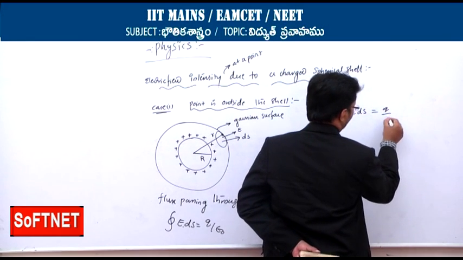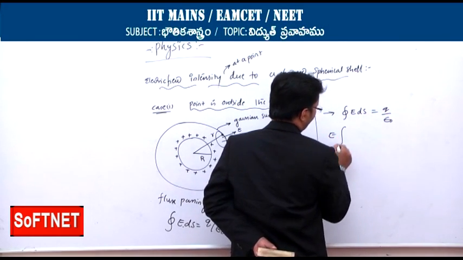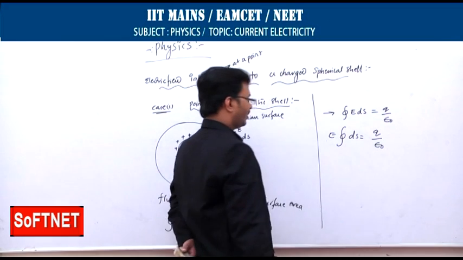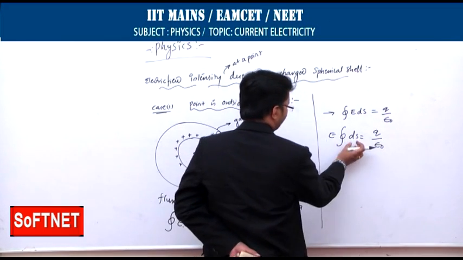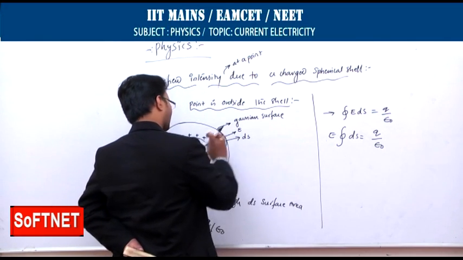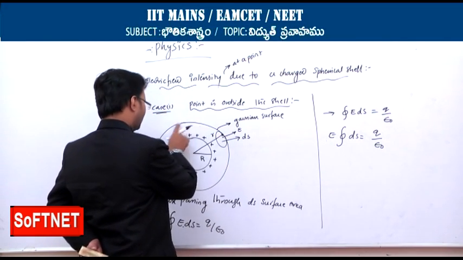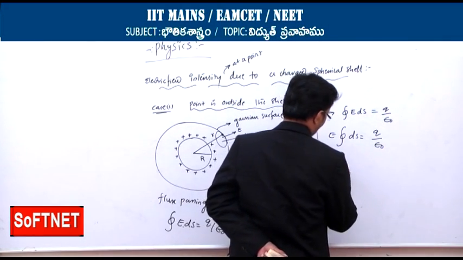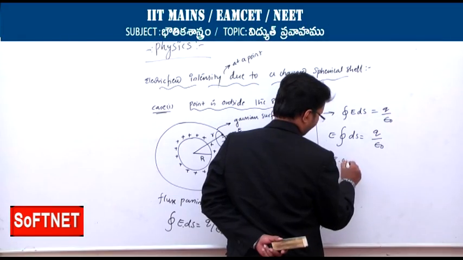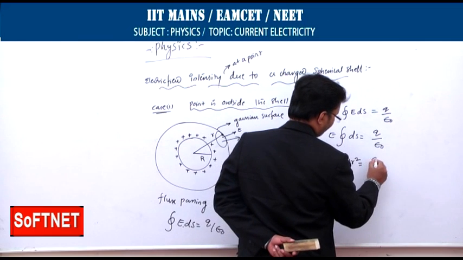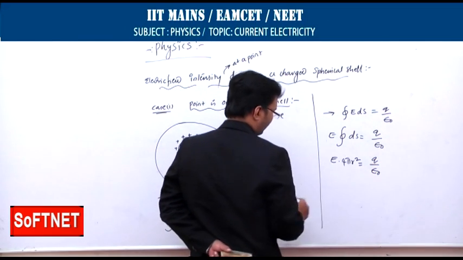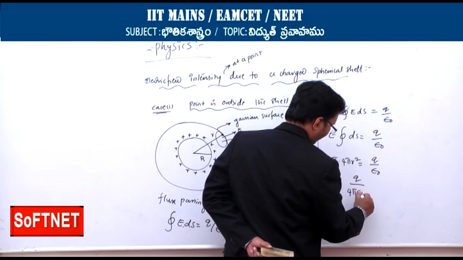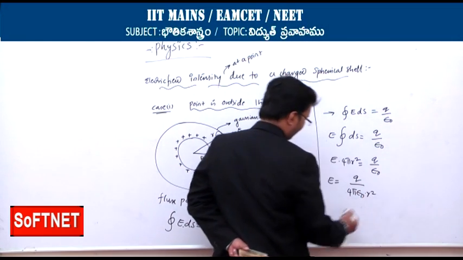So, E times closed integral of ds is equal to Q by epsilon naught. Clear? Integrating ds gives the total surface area of the Gaussian surface. E into 4 pi r square equals Q by epsilon naught, so E equals Q by 4 pi epsilon naught r square.